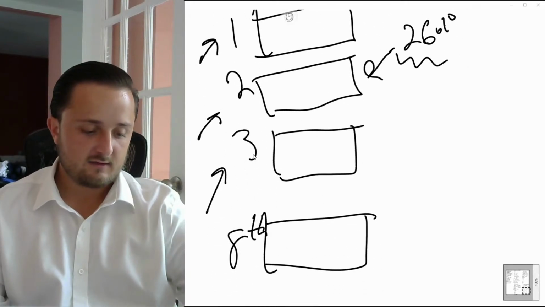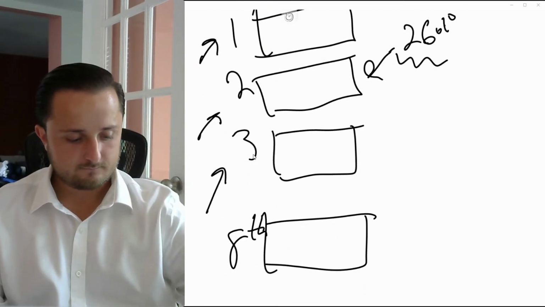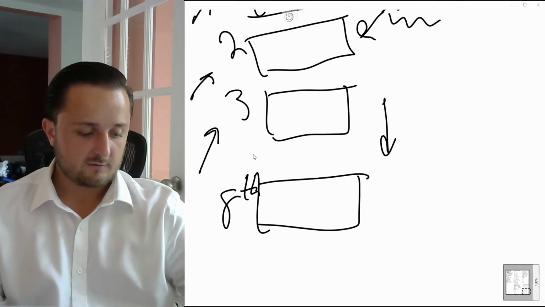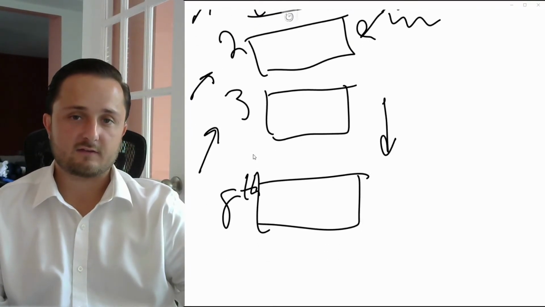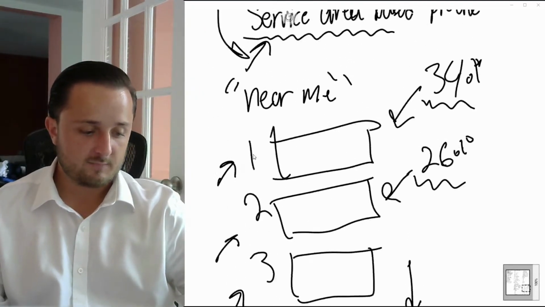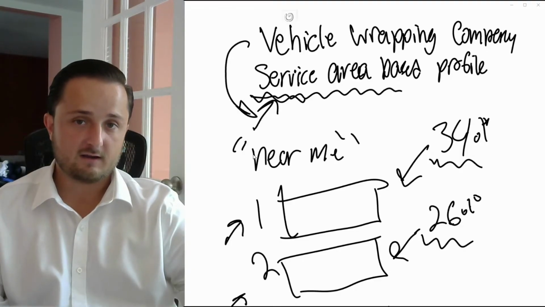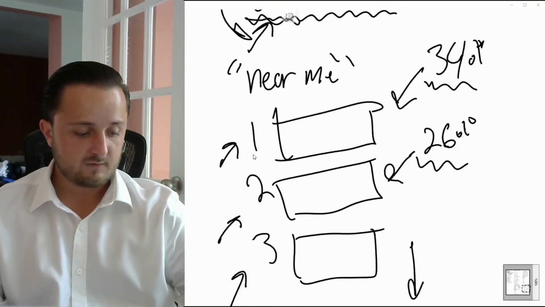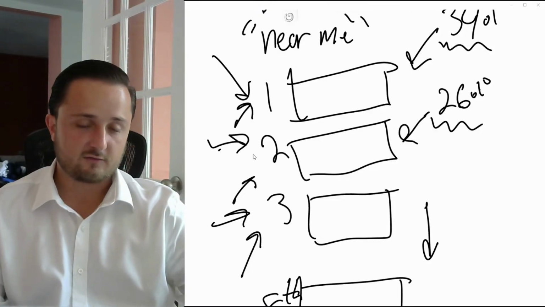Anything after that is then fought over below. As you start getting to the 8th position, you're fighting over less and less. So we don't want to be service area based; we want to be a verified address location so that we can start appearing more often in the first, second, and third positions.